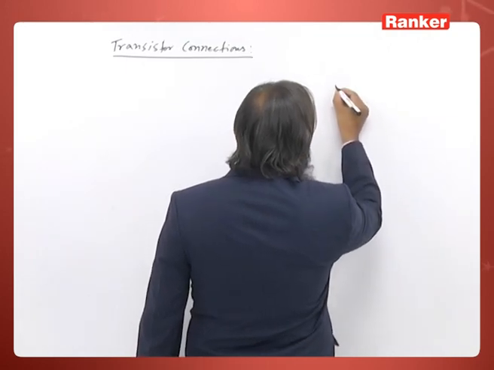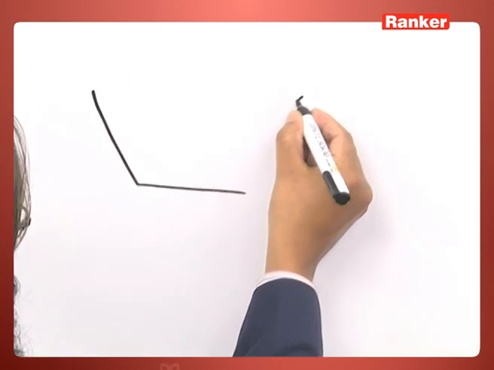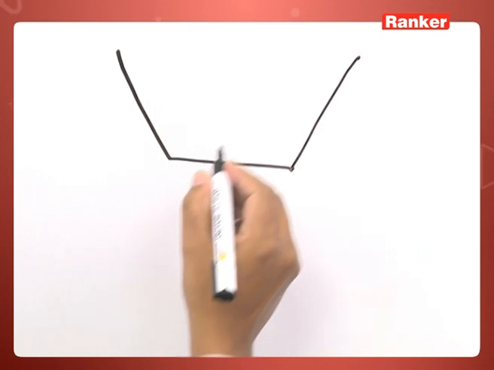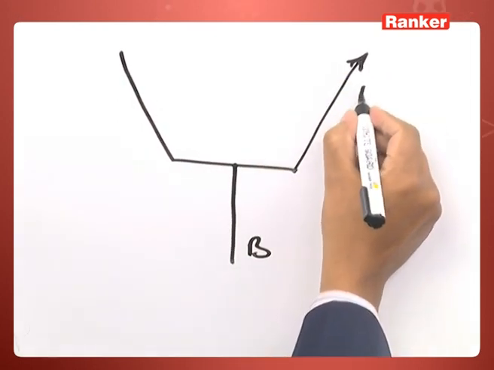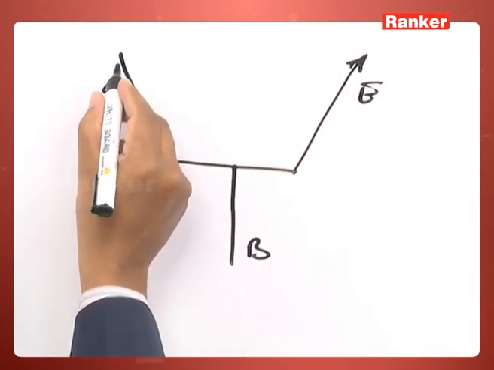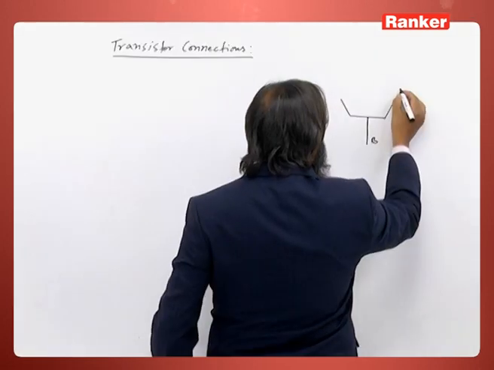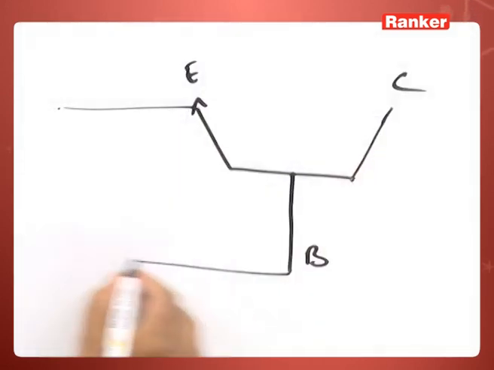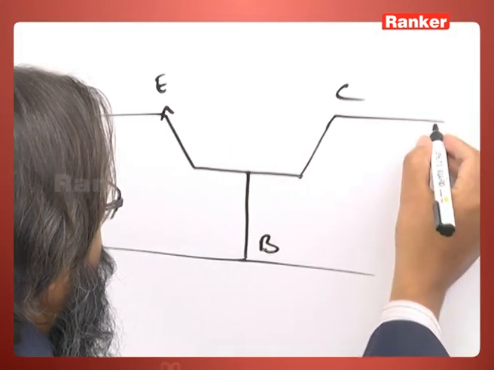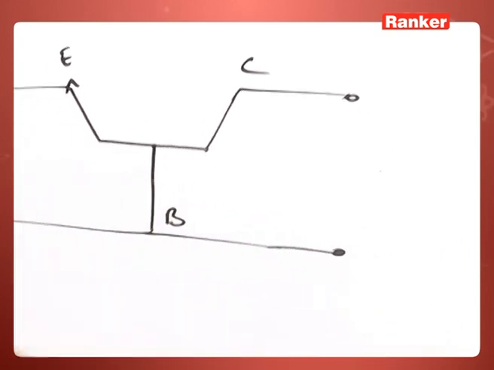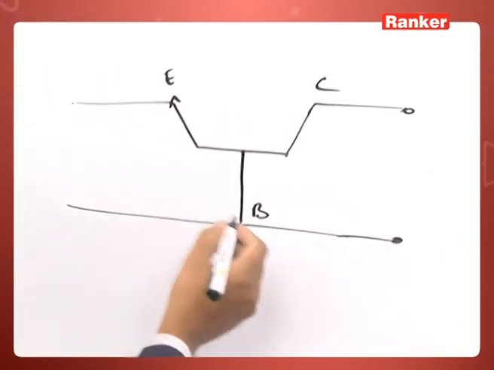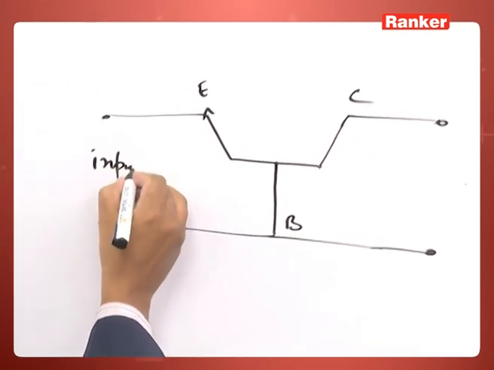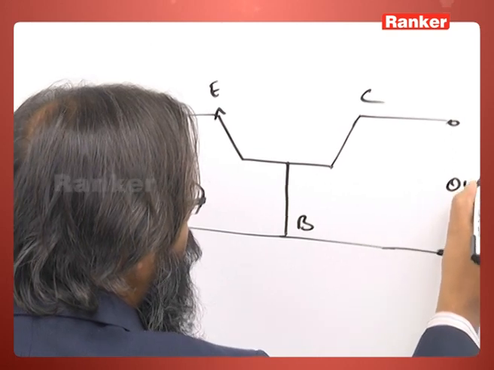This is the first case in which this is the base, and suppose this is the emitter and this is the collector. When this base is common, between this input and we have to take output.